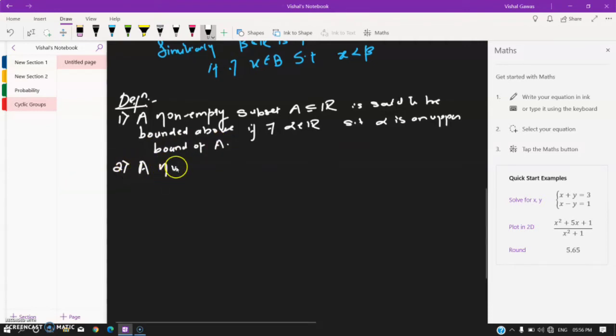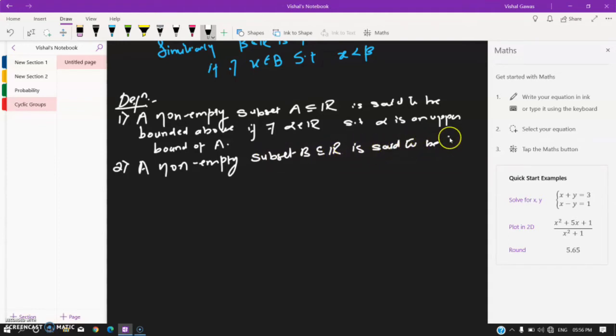Similarly, a non-empty subset B of R is said to be bounded below if there exists beta in R such that beta is a lower bound of B.